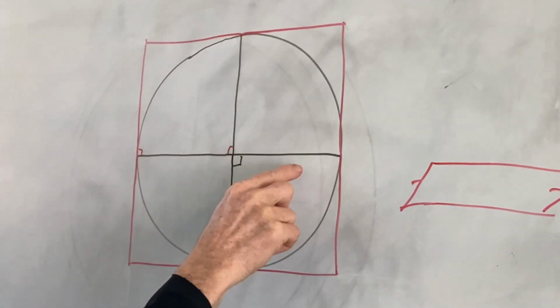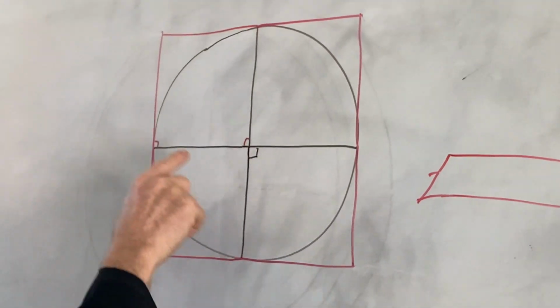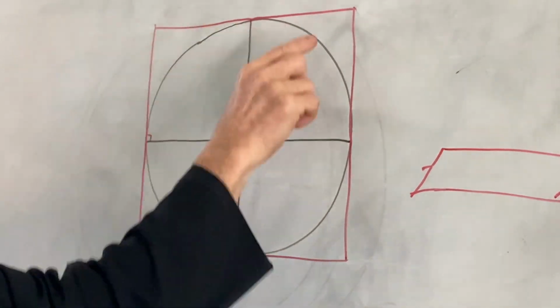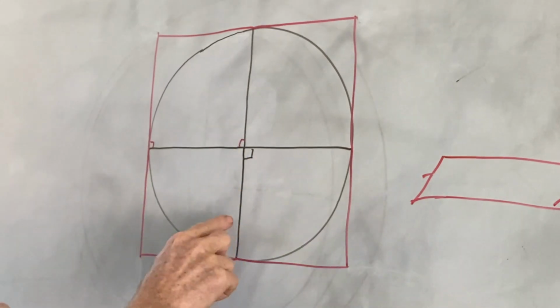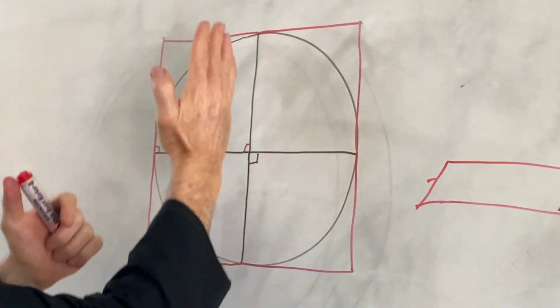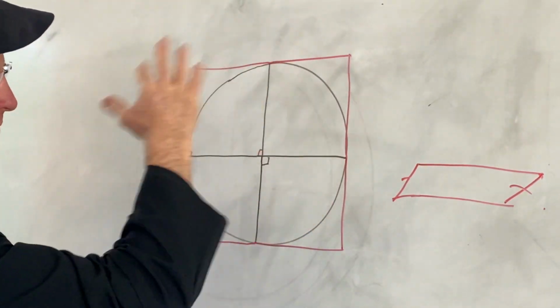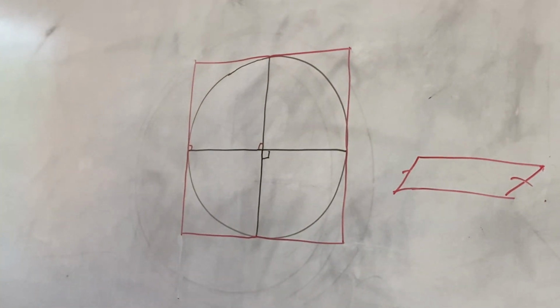So this being equal to this, and also being equal to this, is also equal to this and this. But these two things, because these are parallelograms, are equal to this. So because these two things are equal to this, and these two things are equal to this, these two things and these two things are all equal to each other, okay? Two things equal to the same thing are equal to each other.